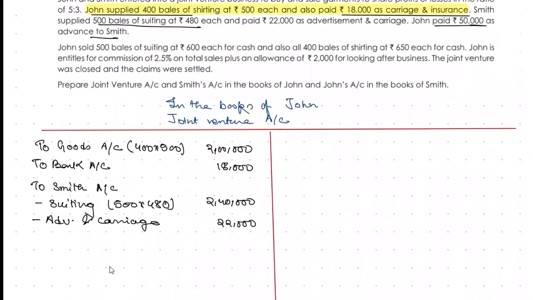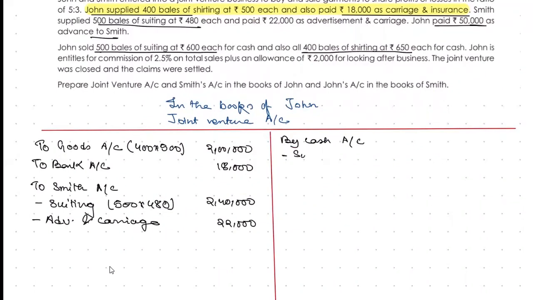Okay, John sold 500 bales of suiting at 600 each, and also 400 bales of shirting at 650 each. So it is in the books of John. So he'll write by cash, by cash account.